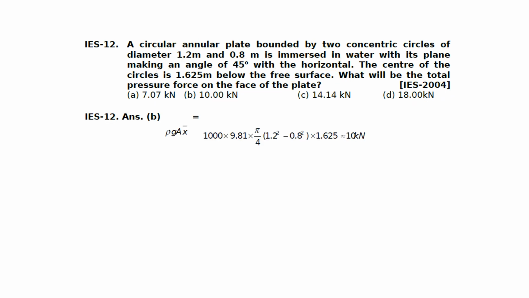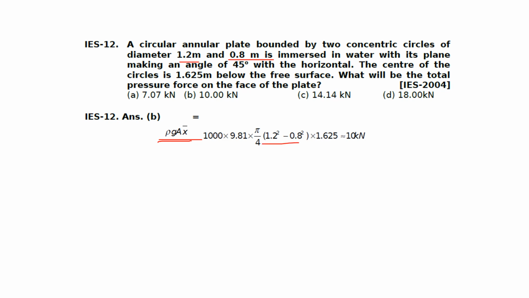So this is nothing but hydrostatic force. They are giving concentric diameters, 1.2 and 0.8. So it is rho g A x bar. Just remember rho g A x bar. Area is pi by 4 d square. Here two concentric diameters are given, so area is pi by 4 times d1 square minus d2 square.